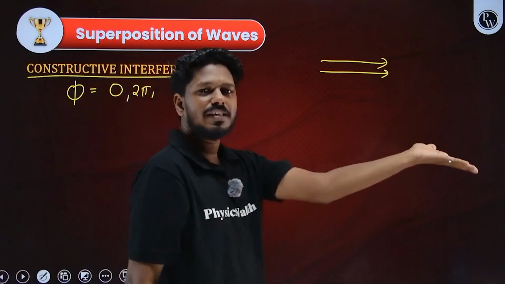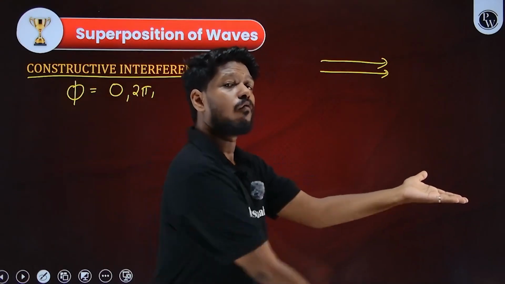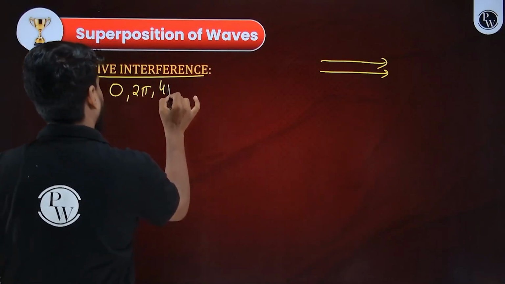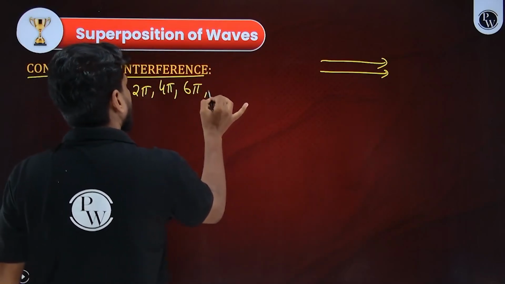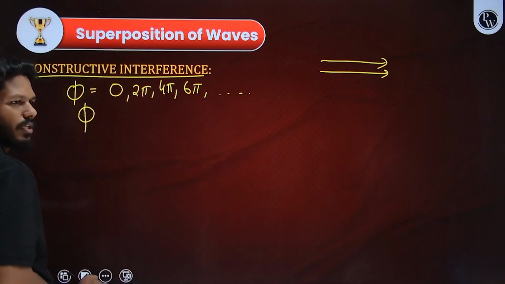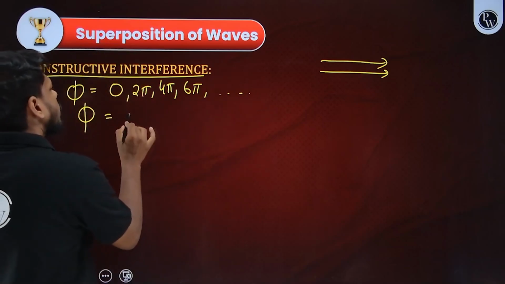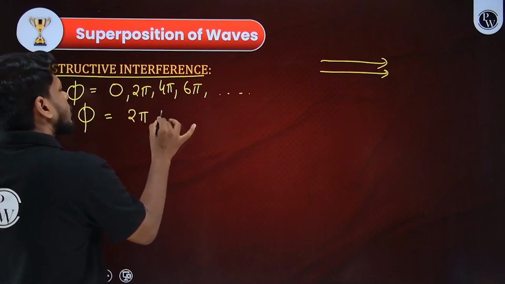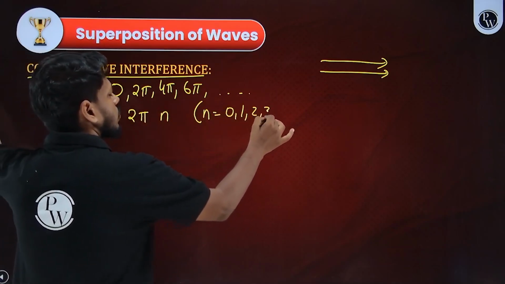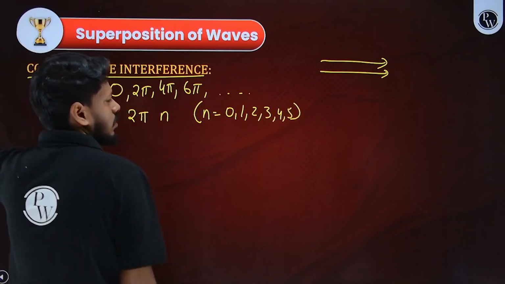If one wave is in this direction, another wave is 4 pi ahead. 4 pi means again here, 6 pi. So in general, I can write that my phase difference is equal to 2 pi into n, where n is equal to 0, 1, 2, 3, 4, 5.